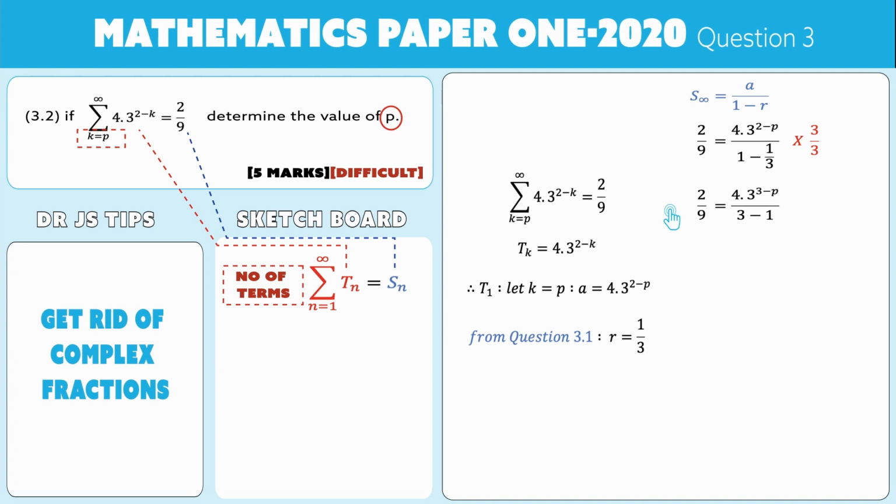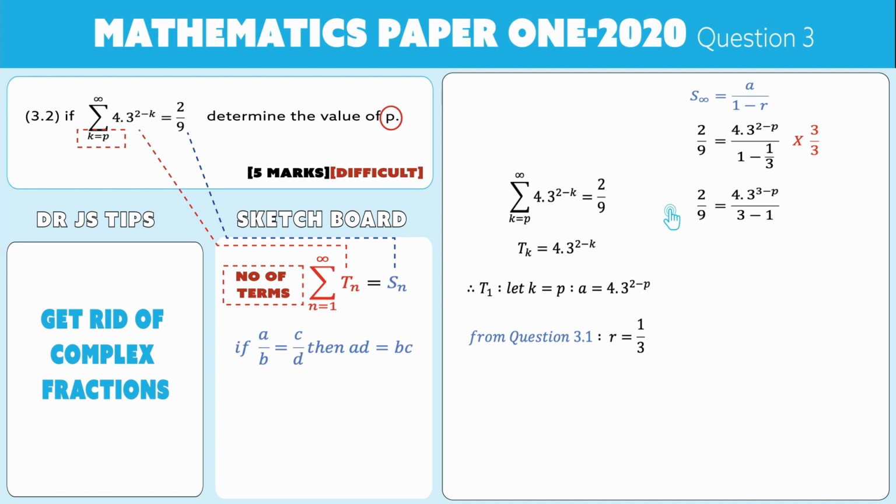Now I've got a fraction. Now remember, I'll put this for you in your sketchboard, that if you have a over b equal to c over d, you can say immediately that a times d is b times c. Okay, so let's do that.